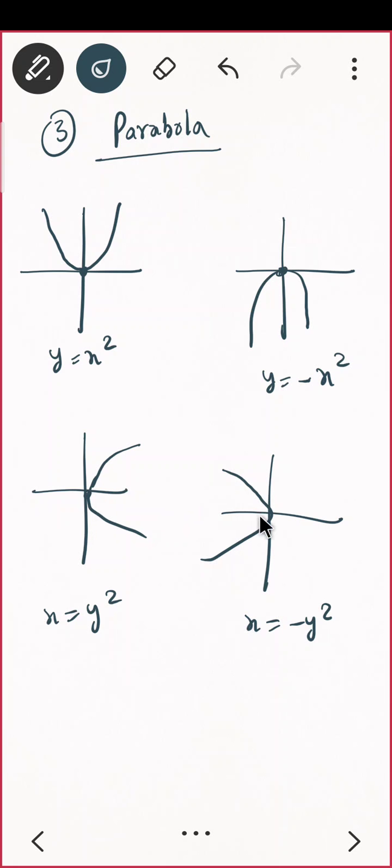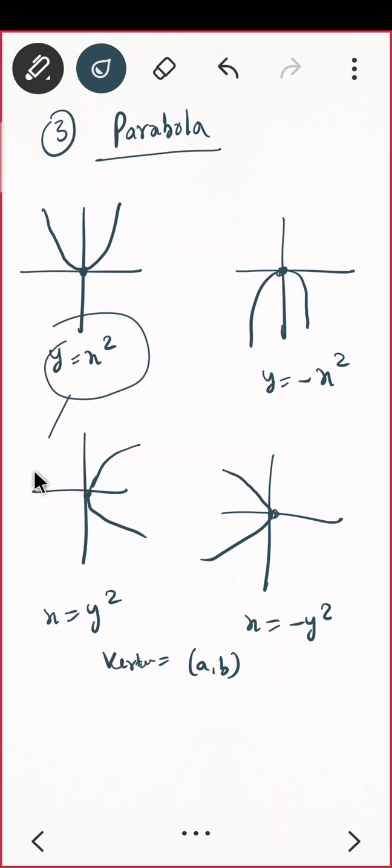So their vertex is origin. Vertex means the turning point, they are coming here, then after that they are turning here. Is that okay? So their turning point, that is vertex, is 0. What about if my vertex is any value? Say vertex is any a comma b, then what will be my equation of the graph? Say this one.